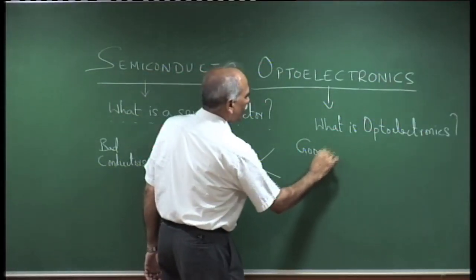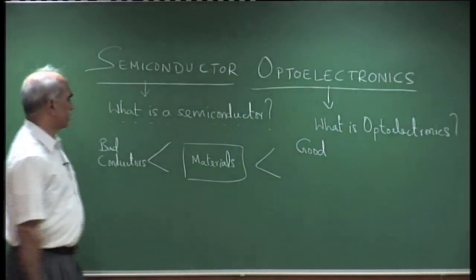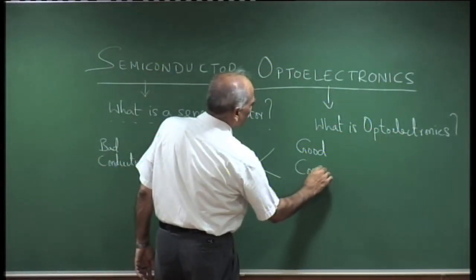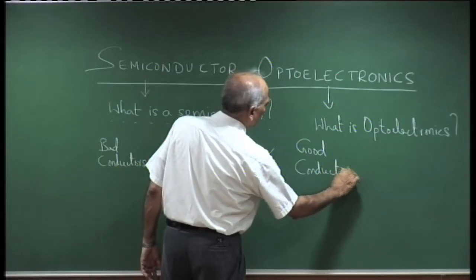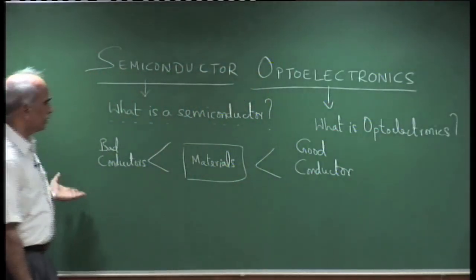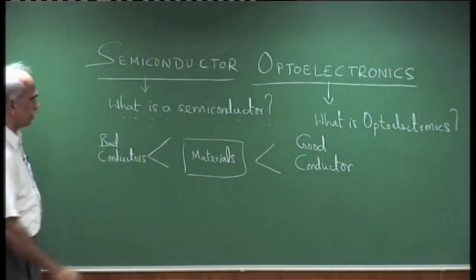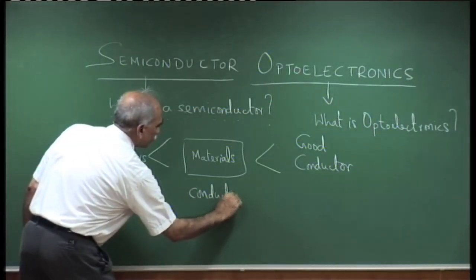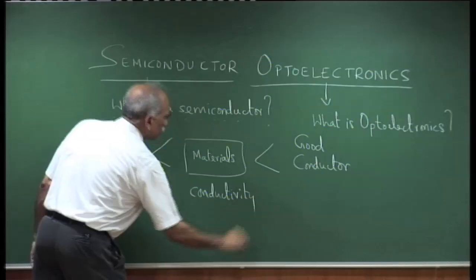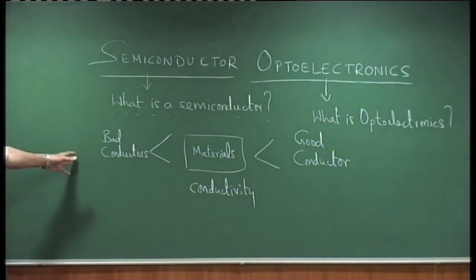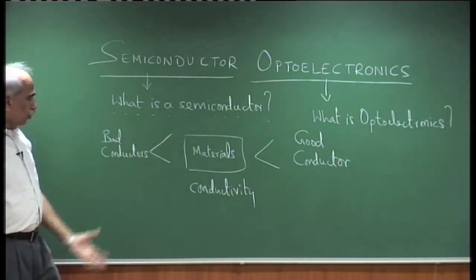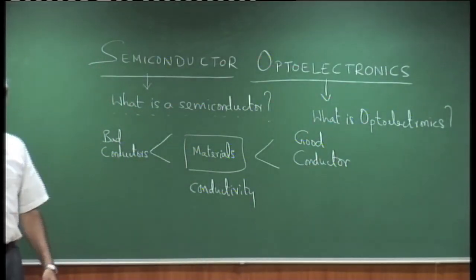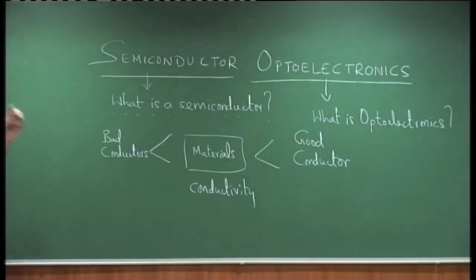In a very elementary fashion, between metals and insulators. What kind of numbers are we talking about? Conductivity is 1 over resistivity, the inverse of resistivity.